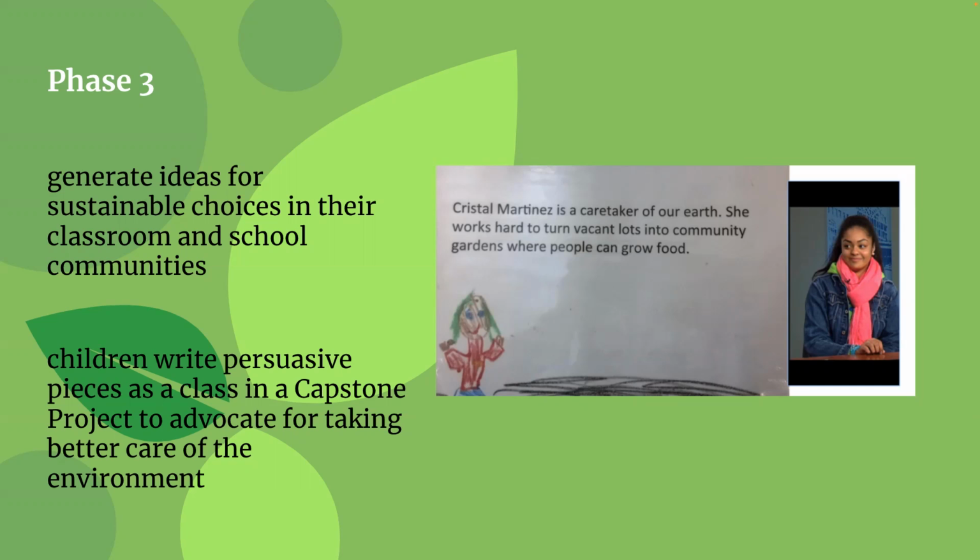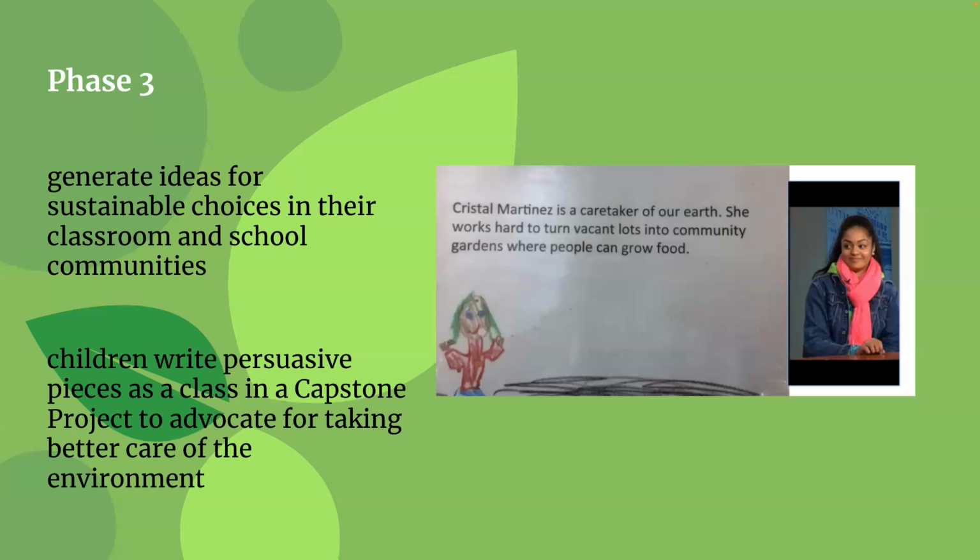And when we think about persuasive writing, of course, we have to think about the audience, who it is we're trying to persuade. And of course, what are we trying to persuade that audience to do? So children will come up with one idea to persuade another class or another audience to do that is related to sustainability, related to taking care of the earth, taking care of the environment.